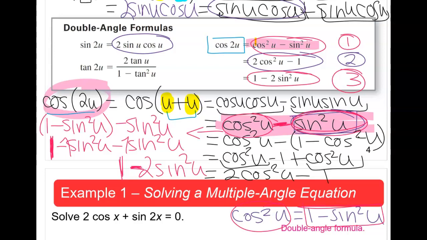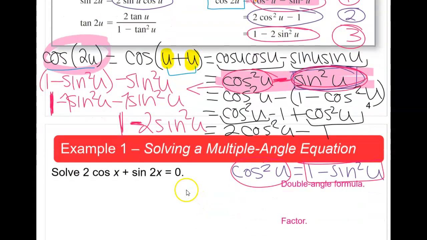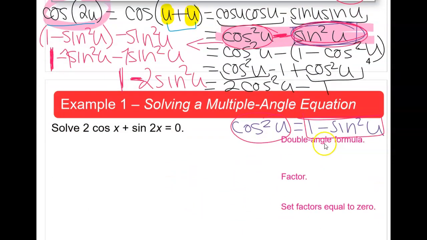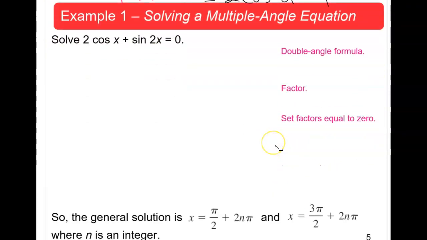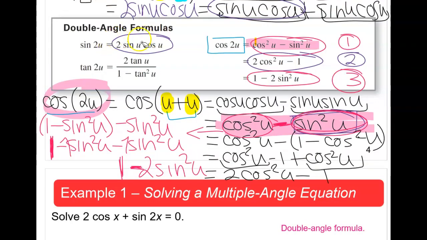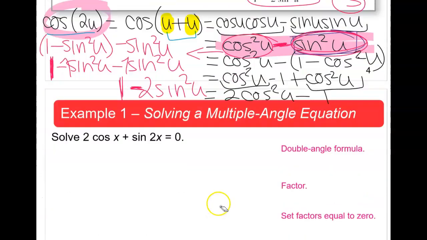Now for example 1, we are going to solve a multiple angle equation. What we're going to be doing is substituting with the double angle formula for sine of 2x. We're going to use the formula you see here, 2 times sine u cosine u, except that here we will use it with x.